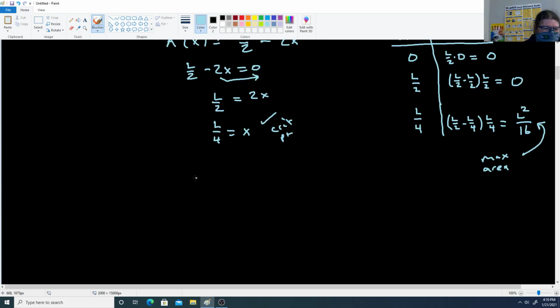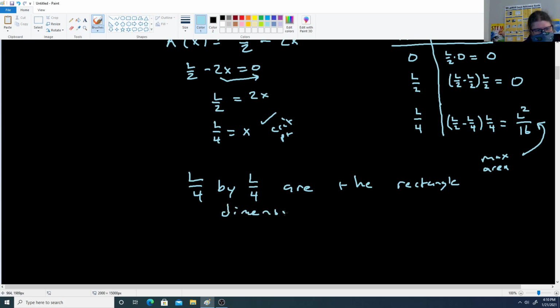So we would say the dimensions that maximize would be L over 4 by L over 4. We'll say the rectangle dimensions that maximize area.